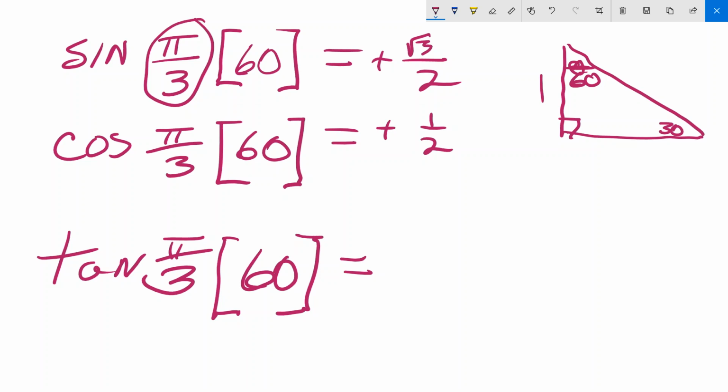1, always 1, opposite the smallest angle in the triangle. Whether it's a 45-45 or a 30-60. 1 is always opposite the smallest angle. Root 3 is opposite the 60, and 2 is the hypotenuse. So tell me what the tangent of 60 is just based on the diagram.